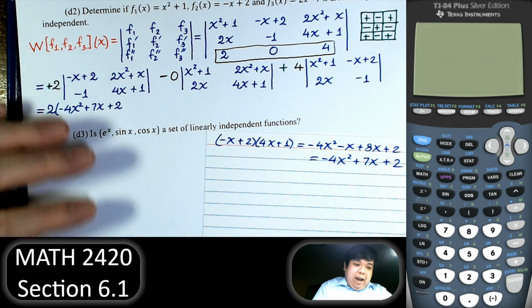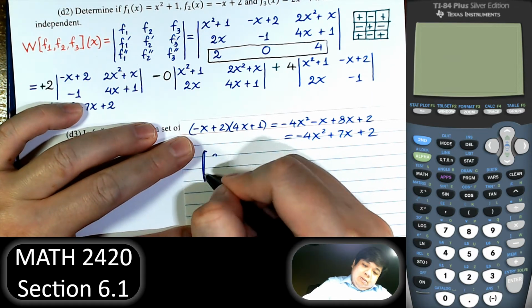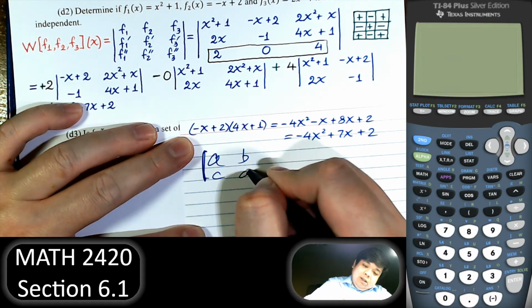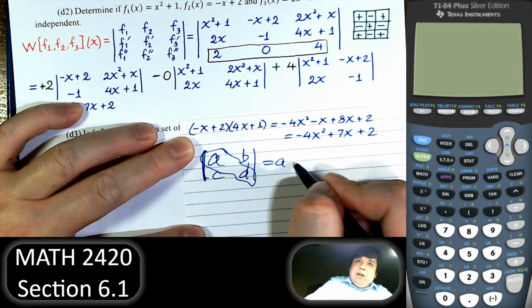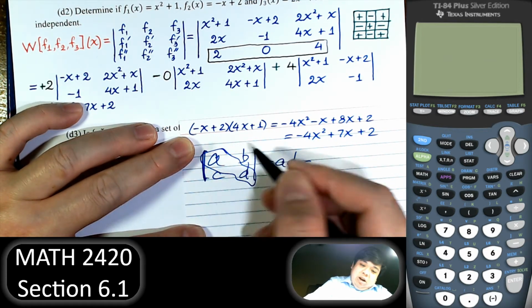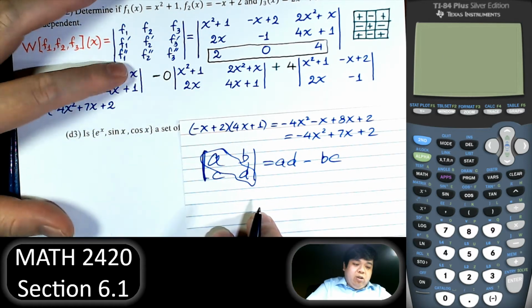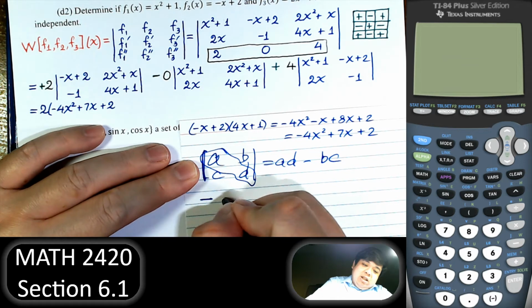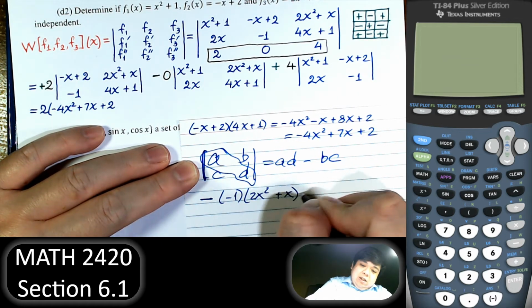Right. And then, of course, for a 2 by 2 determinant, we multiply this and we subtract the other direction. So here we subtract the other direction: subtract negative 1 times 2x squared plus x.